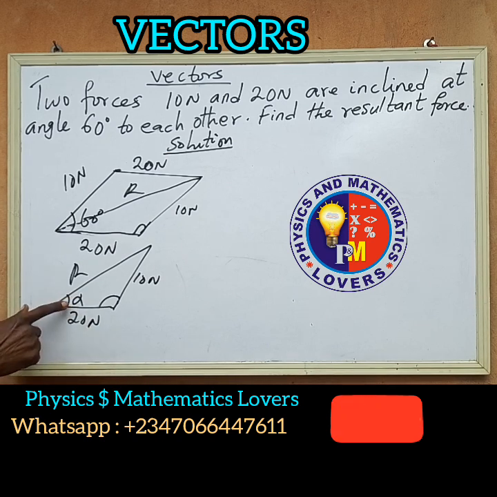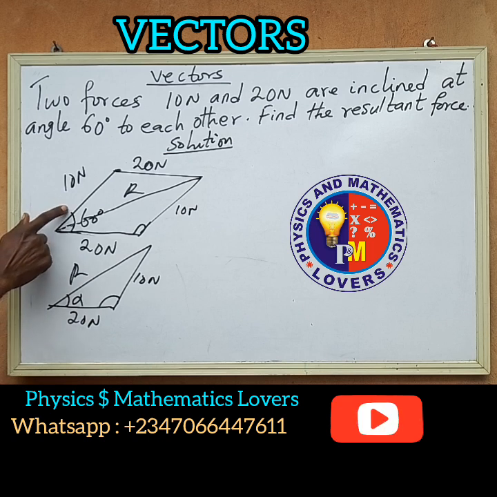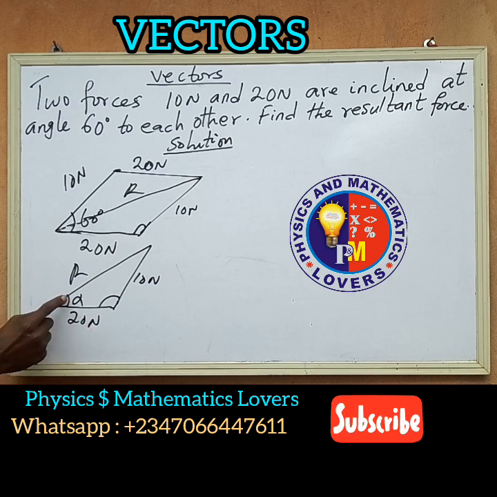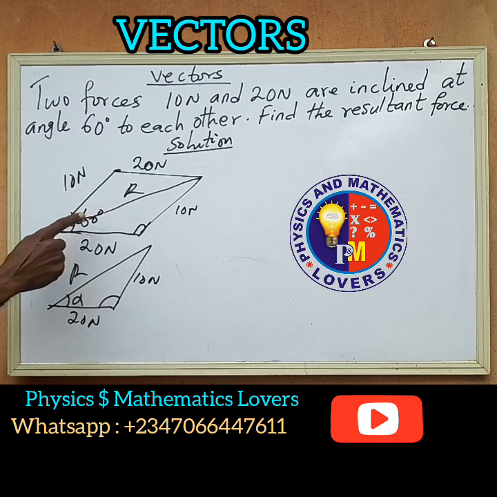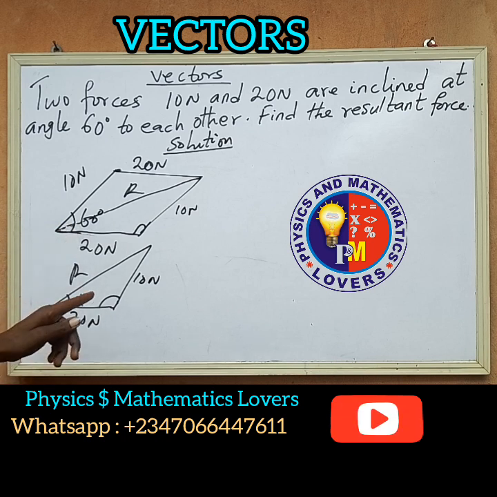Here is no longer 60 degrees, because the 60 degrees was between the 10 Newton and 20 Newton. Since we have drawn the diagonal, which is now the resultant, coming from the intersection point, there is an angle in which this resultant is acting, and that angle is denoted by theta.